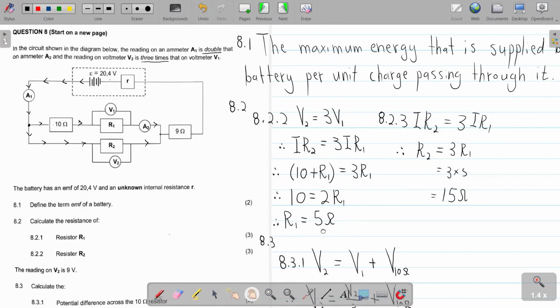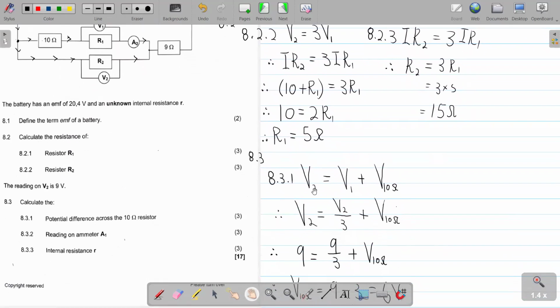Over here, we say V2 equals V1 plus V10. Why do we say that? Because they are connected in parallel. So this is a parallel connection, and those two things are equal because they are connected in parallel.